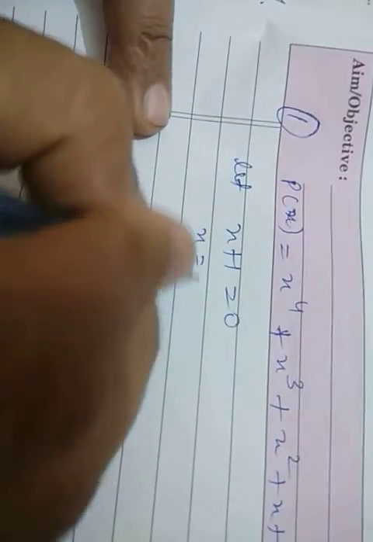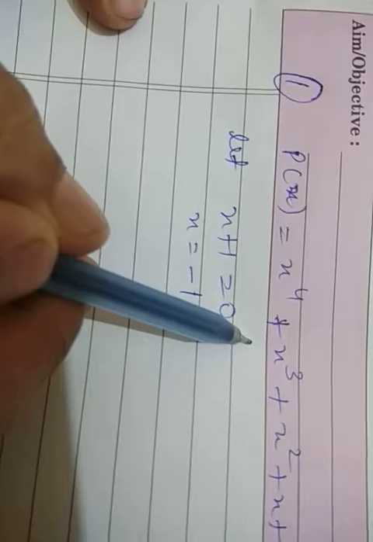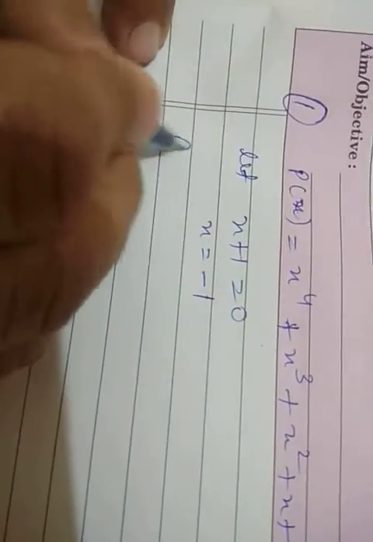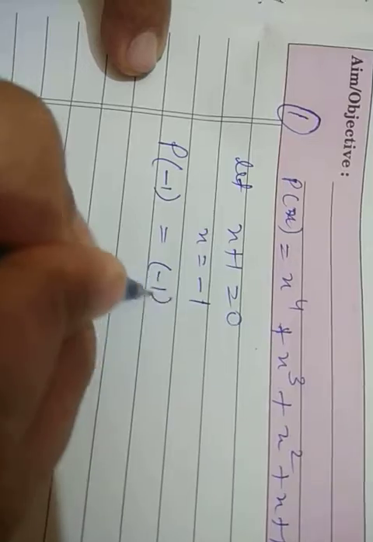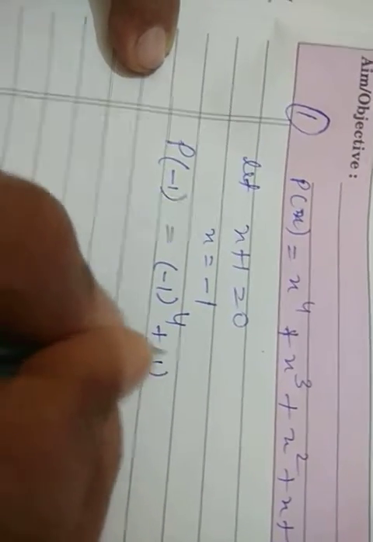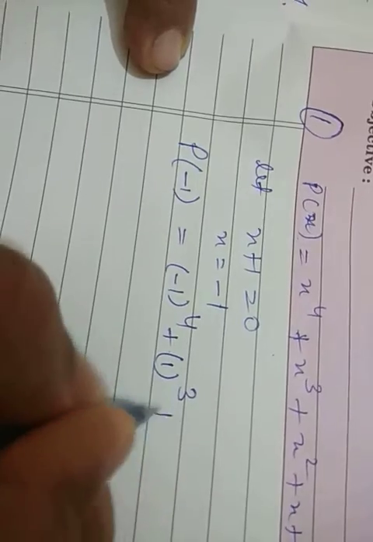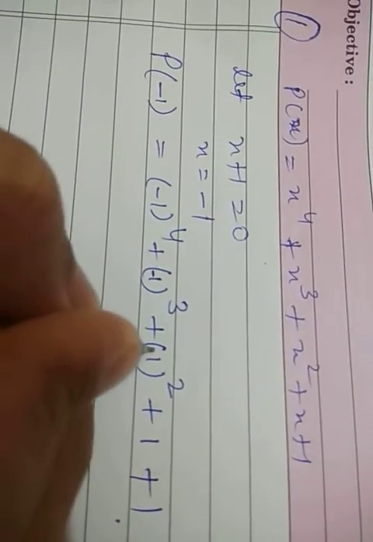So x plus 1 is equal to 0, so x is equal to minus 1. Therefore, by substituting minus 1 in the polynomial, if we get 0, then it is a factor. So p(minus 1) equals minus 1 to the power 4 plus minus 1 cube plus minus 1 square plus minus 1 plus 1. We have to substitute minus 1.